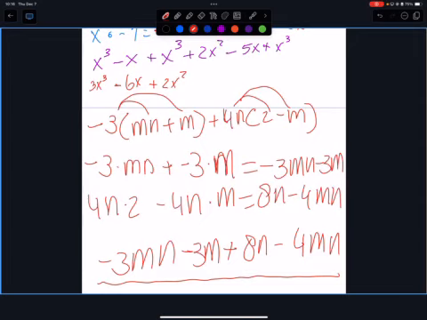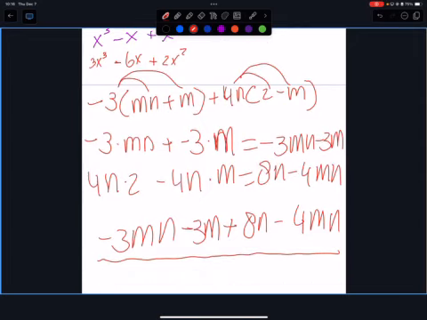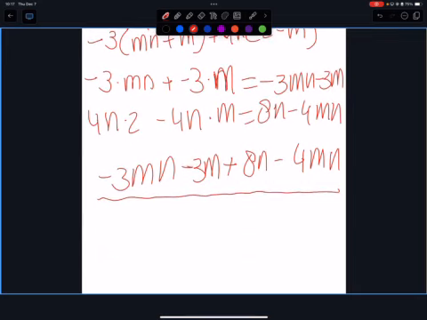It's negative 7mn minus 3m plus 8n. mn minus mn. The other two stay like that. You cannot move them. Look at the like terms. Which of them also have mn? This. So these two can go together.